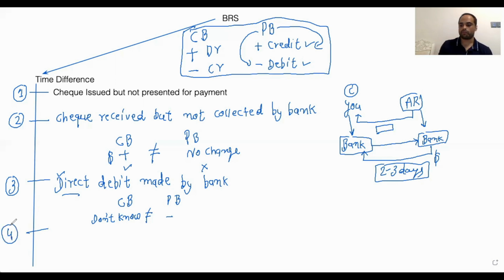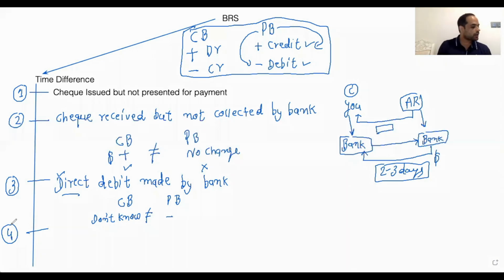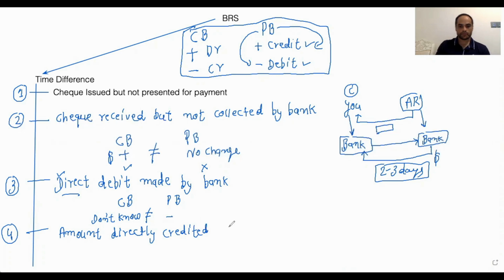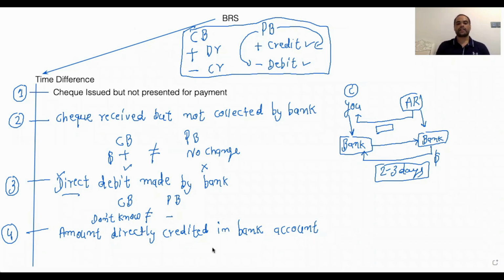Next is number 4. Okay. Now, next, number 4 is amount directly credited in bank account.